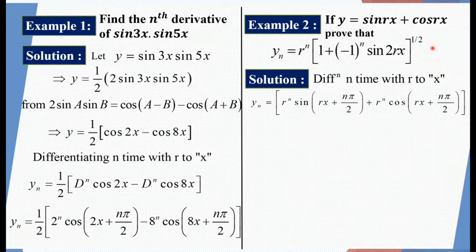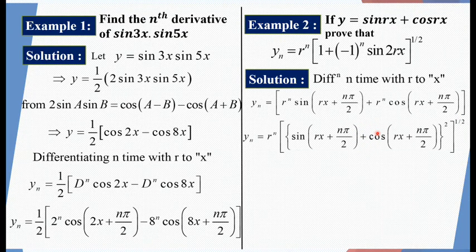We have one idea from the proof, that the power is half. Here we don't have power half, but we can get power half if we take square and square root. So taking r raised to power n outside, and squaring and taking square root here, now it is (a plus b) whole square.